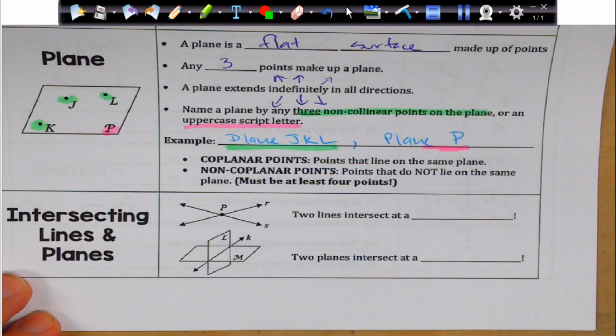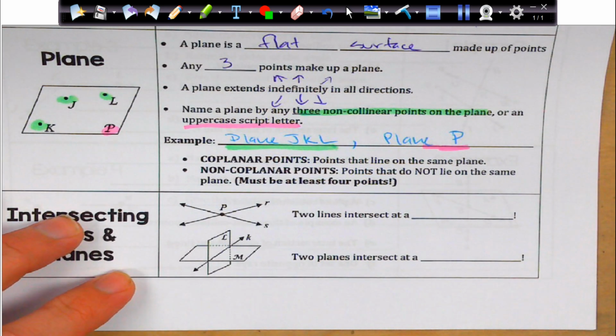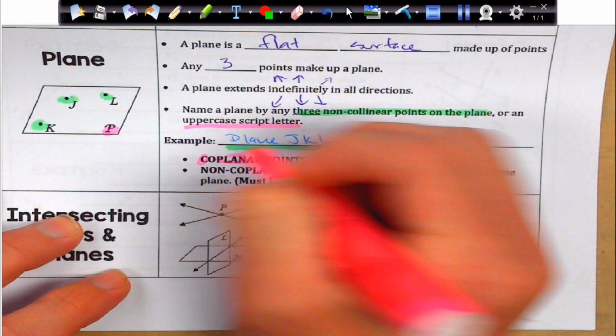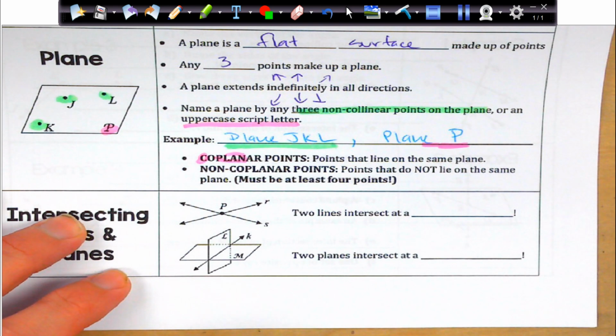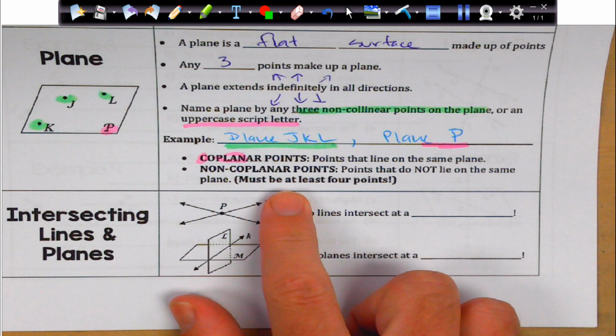Okay, again, collinear points. These should be coplanar points, so similar to collinear, but this time we're talking about planes. So co means together on the same plane, and non-coplanar means they're not. And we have to pick at least 4 points.